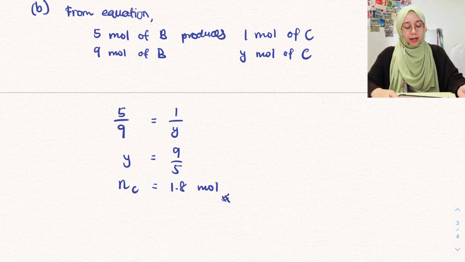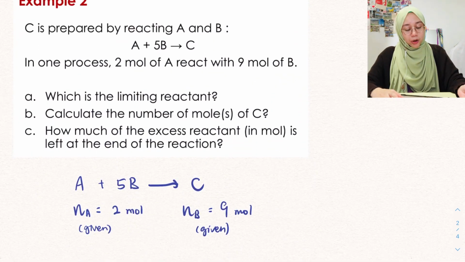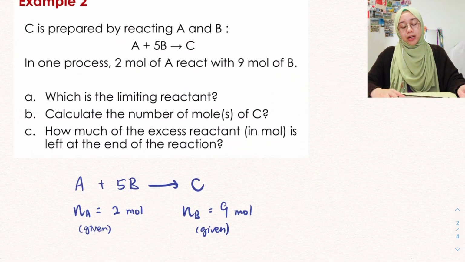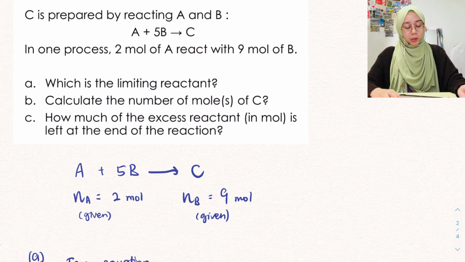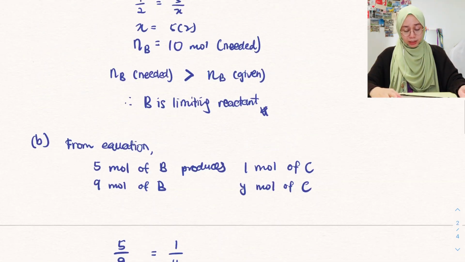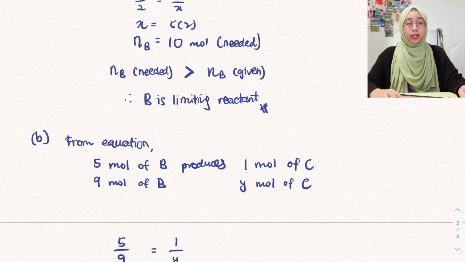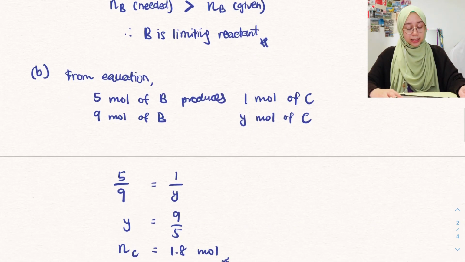Okay, and then the last one, the last question is, how much of the excess reactant is left at the end of the reaction? Okay, so since B adalah limiting reactant, therefore kita tahu yang A adalah excess reactant.